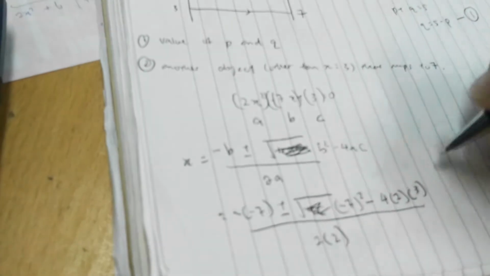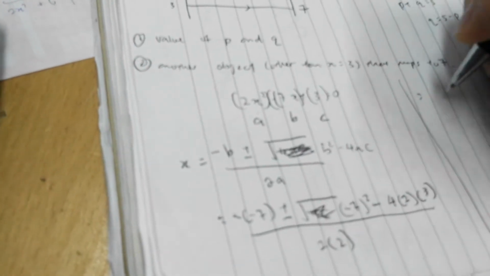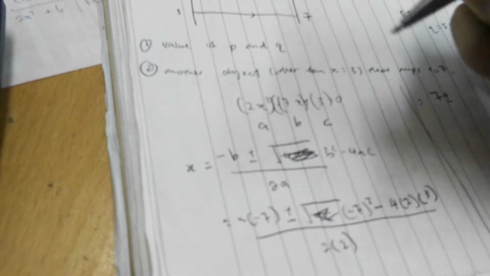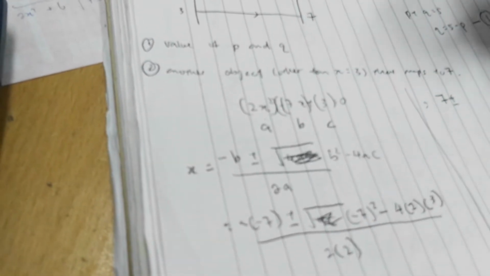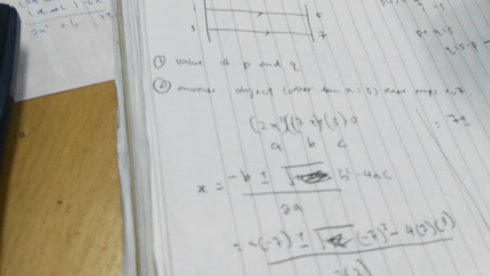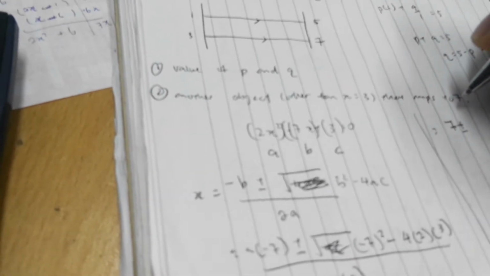So once you calculate, basically this is 7 plus minus square root of 49 minus 4 times 2 times 3, which is 24. 49 minus 24 is 25, so square root of 25, over 2 times 2 which is 4, basically 7 plus minus 5 over 4.